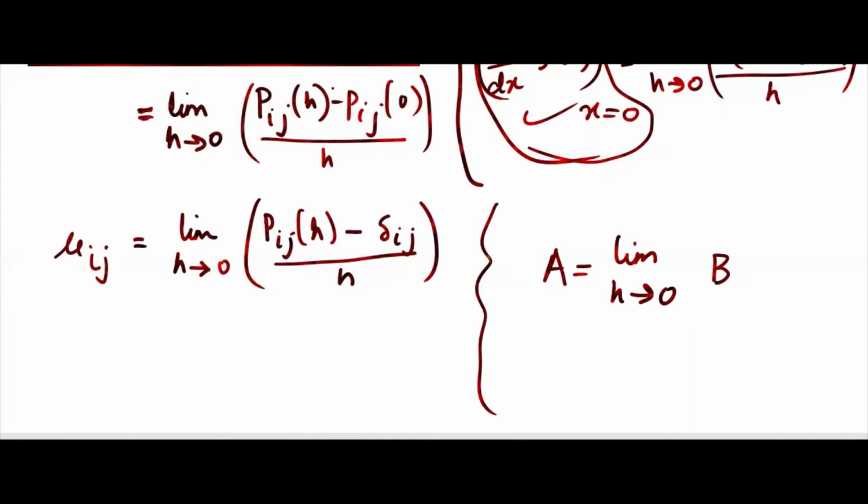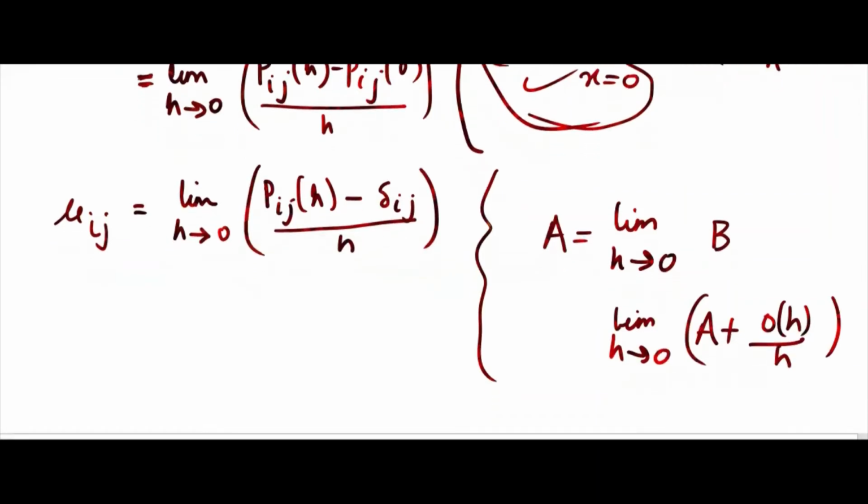So I can write B equal to A plus order of h by h, because by definition order of h by h tends to 0 when h tends to 0.